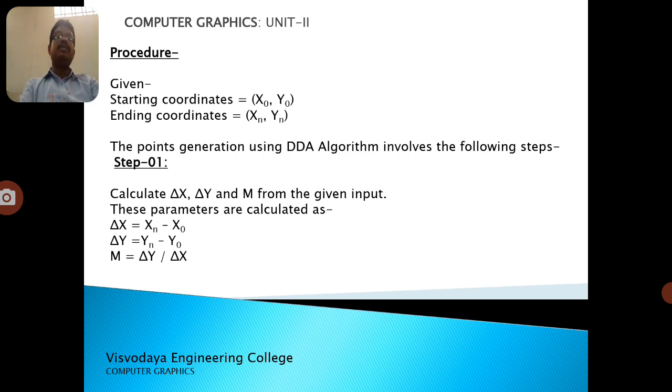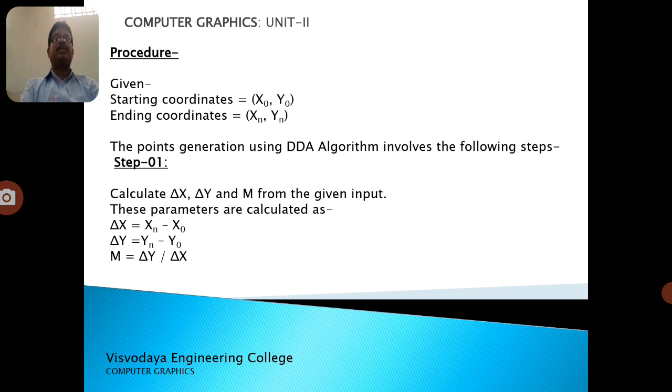The starting point of the line is x0, y0, and the ending point of the line is xn, yn. But we need to find the intermediate coordinates between x0, y0 and xn, yn.